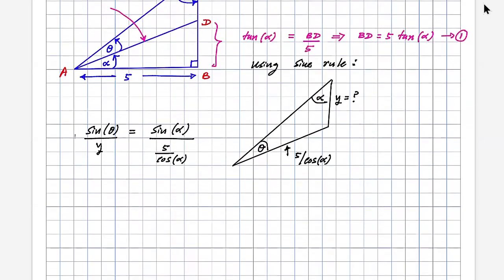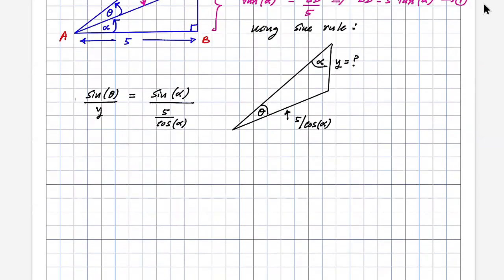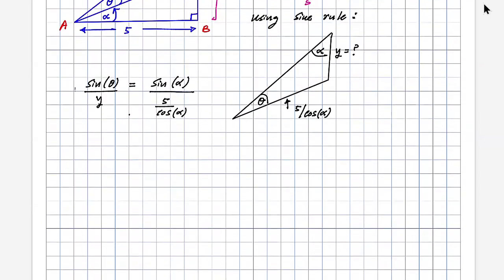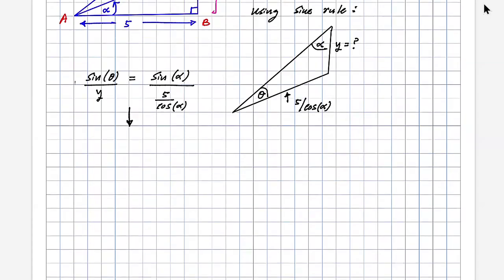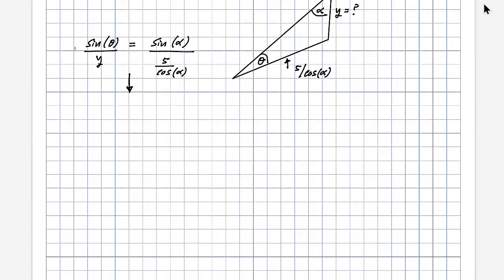Now let's see how I'm going to simplify this. Now, I need to subject y. If I want to subject y, if you have a situation like that, I take the reciprocal.